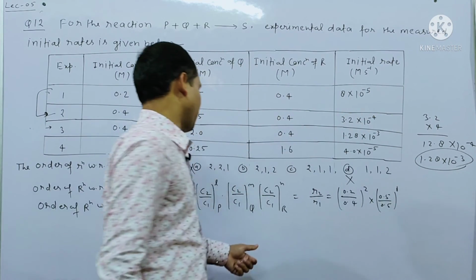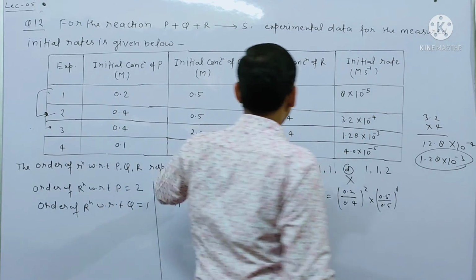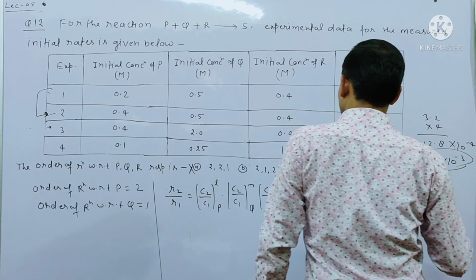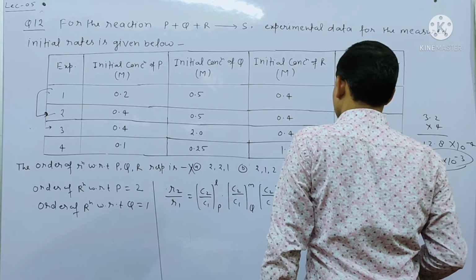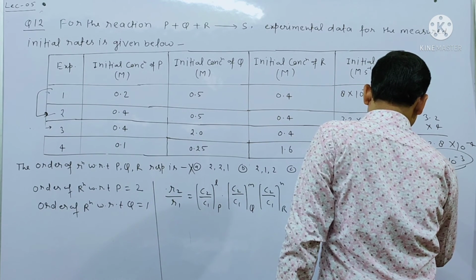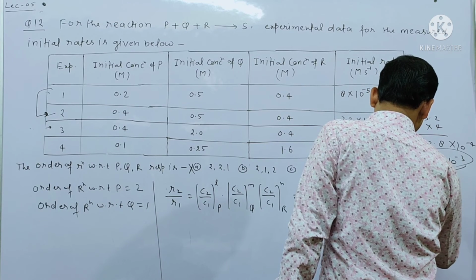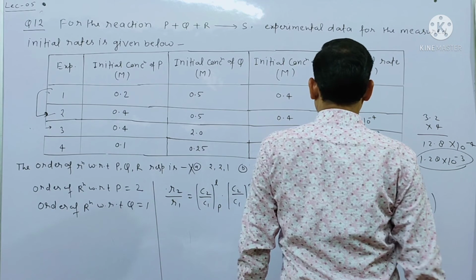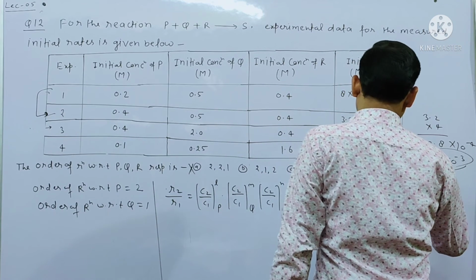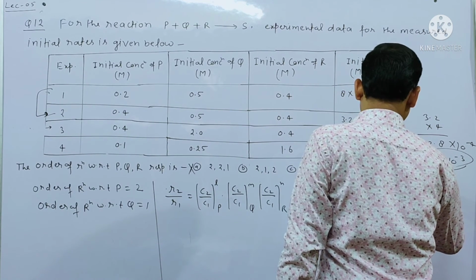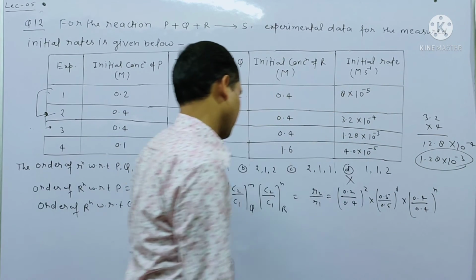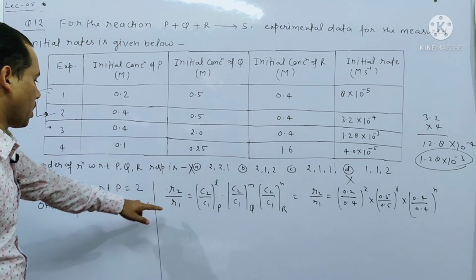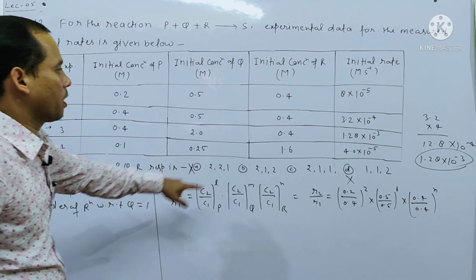Now C2 upon C1 for R is 0.4 upon 0.4, and its power is n. Now, for R2 upon R1, what is R2?